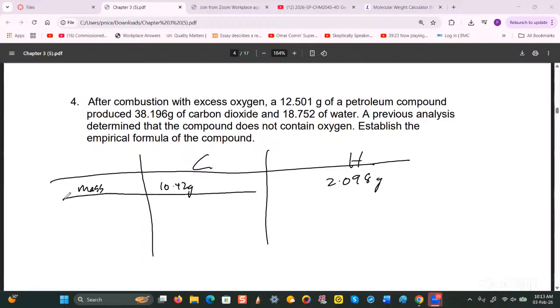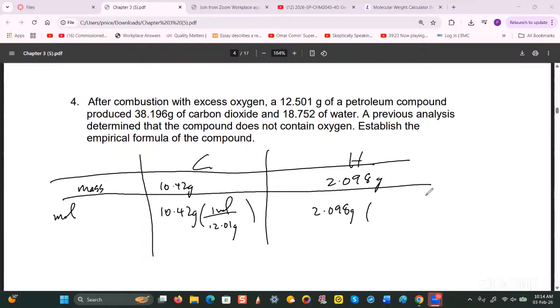So if you remember what we did before in the previous question, what was the next step? After we have the masses, we find the moles, which means that we have to divide each of these by their respective molar masses. So in the case of carbon, that would be 1 mole over 12.01 grams. In the case of hydrogen, that would be 2.098 grams multiplied by 1 mole over 1.008 grams. And we work these out.